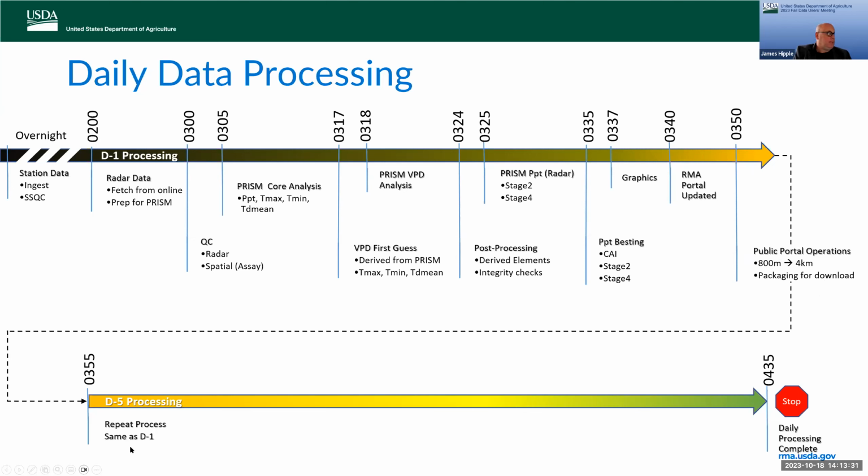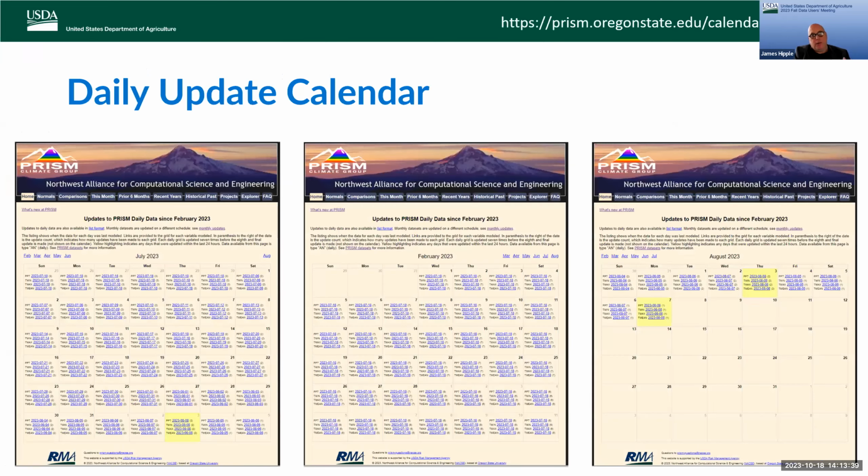And then this repeats again on day 5, and they can continue to repeat that step based upon that previous calendar. You can determine for any given day on the PRISM daily availability calendar the timeliness of when that data was run, and you could go through and download that data that way as well.